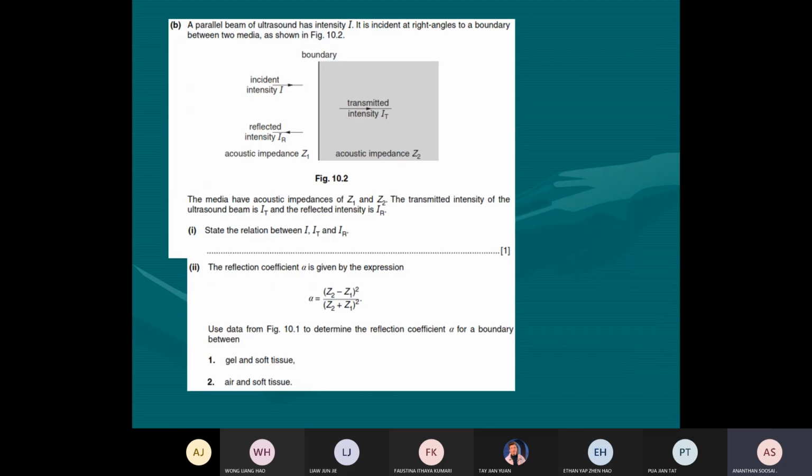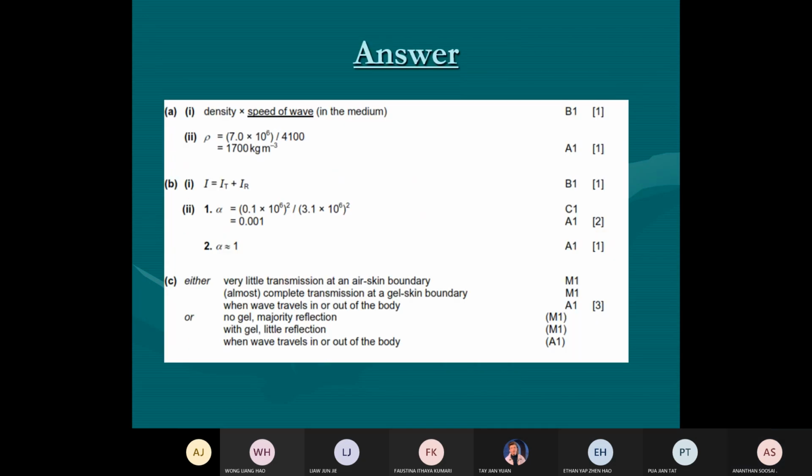Air with soft tissue: majority reflected, alpha close to 1. Gel with soft tissue: alpha is very small, close to 0, so the majority is transmitted. What is revealed from here?